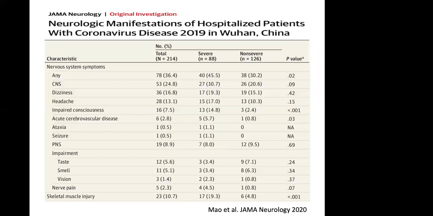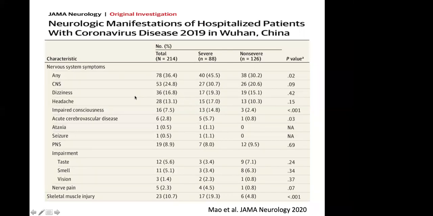Another complication that's gaining a lot of attention now is neurologic complications. This is a cohort study that was published from China on a total of 214 patients. Any CNS manifestation occurred in about a quarter of patients, a little bit more in severe patients compared to non-severe cases.